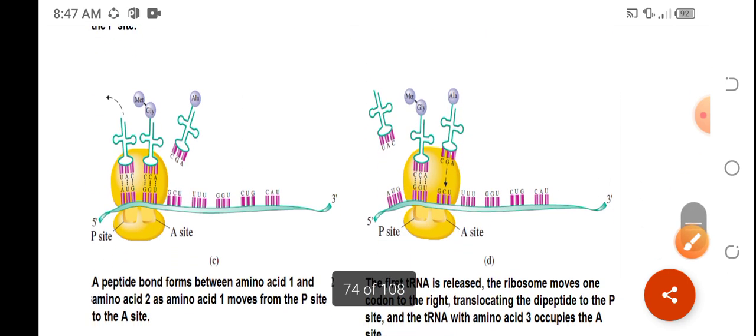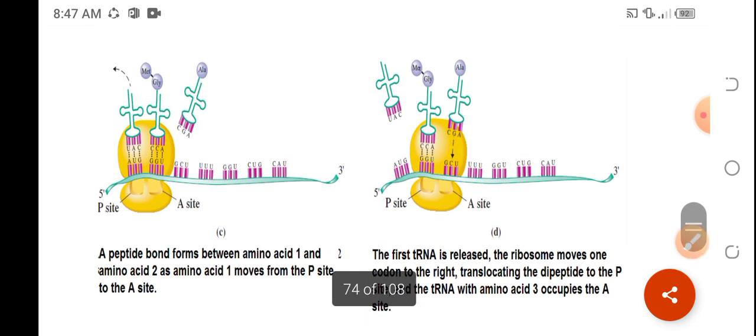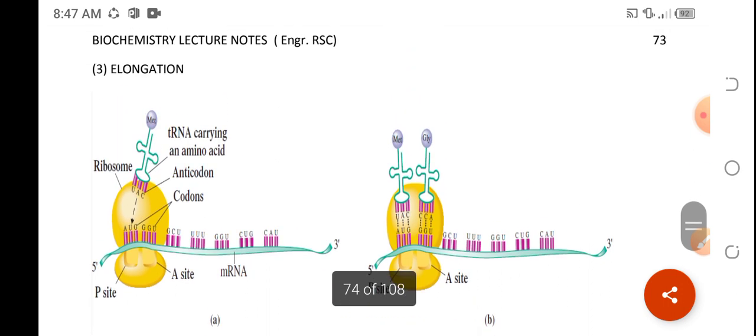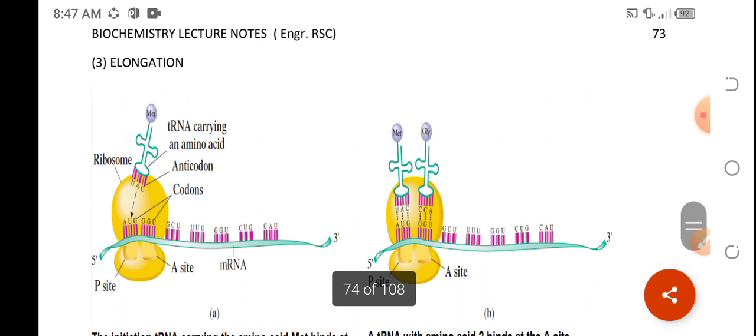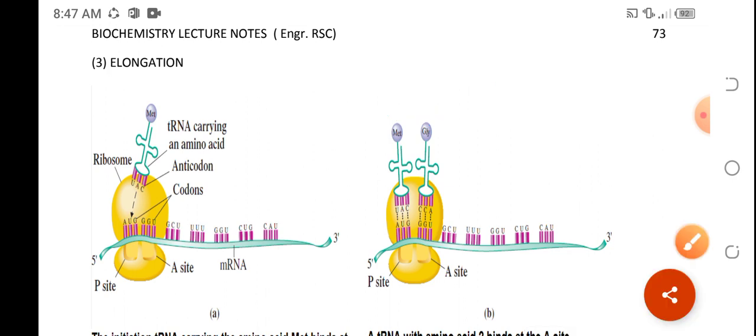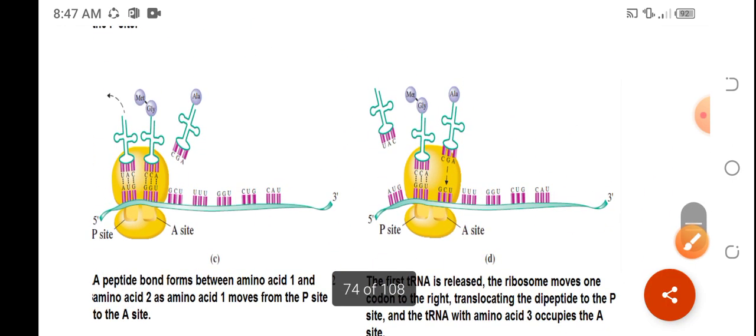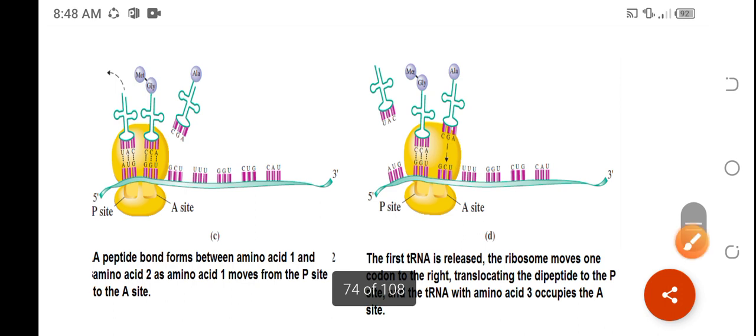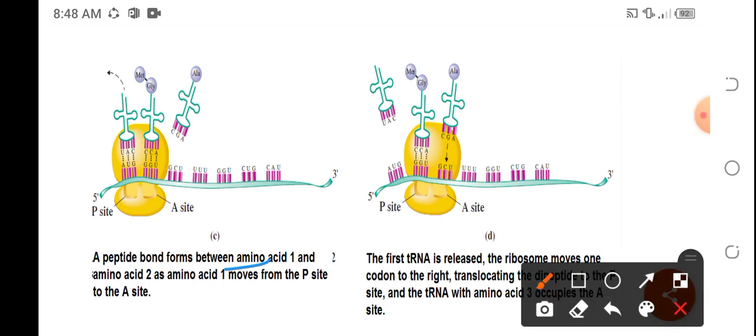Now, after that, we have two amino acids here. The next step is that these two amino acids will form a peptide linkage. They connect, because our proteins are growing chains of amino acids. A peptide bond will be formed between the first amino acid, methionine, and the second, glycine.